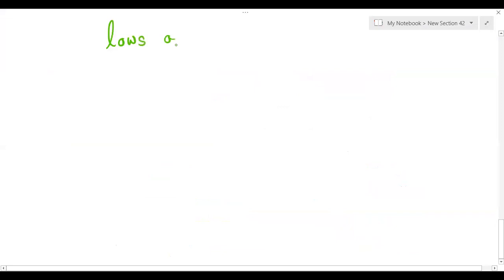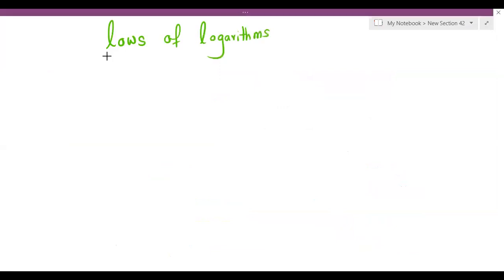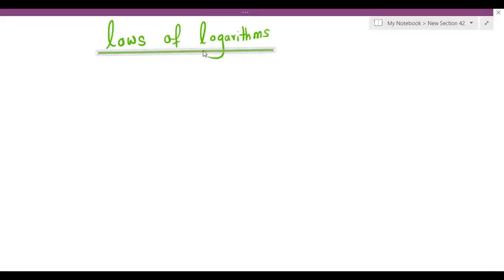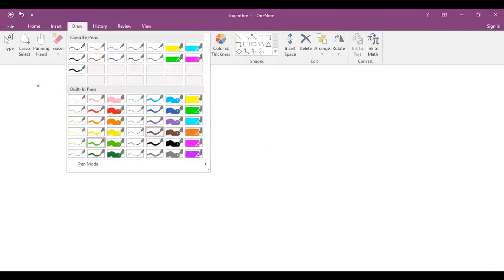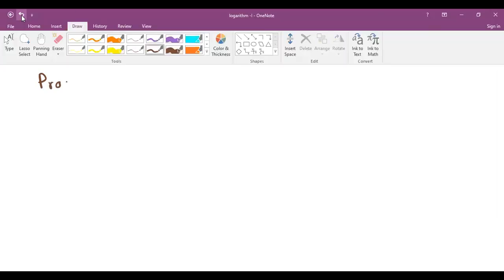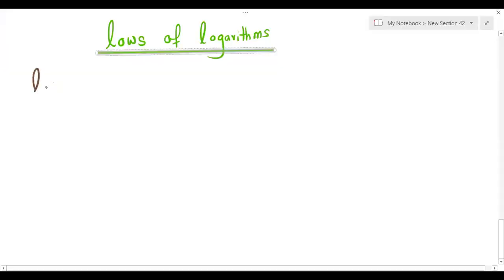Laws of logarithms. Then under the laws of logarithms, first of all, we are going to look at the logarithm of a product.